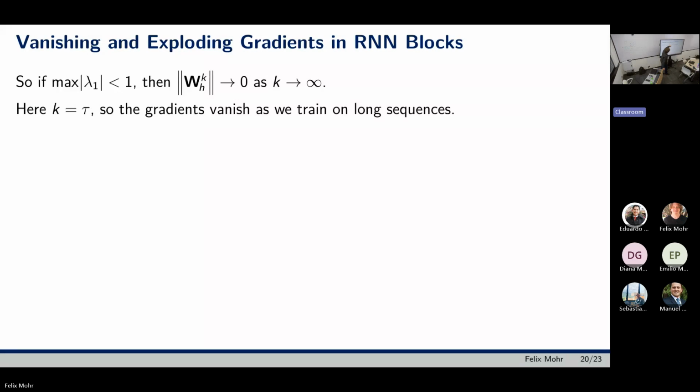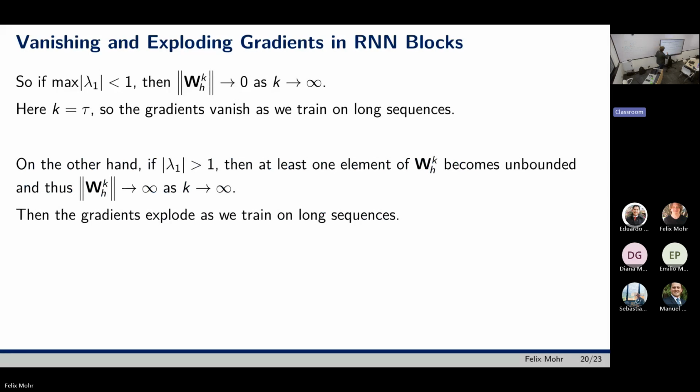So with long sequences, I will have no gradients anymore, at least if this happens. But it could even be worse, because the biggest of these values could also be bigger than 1.